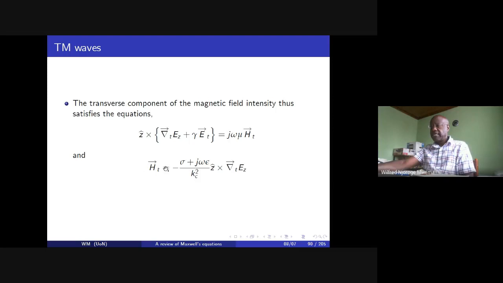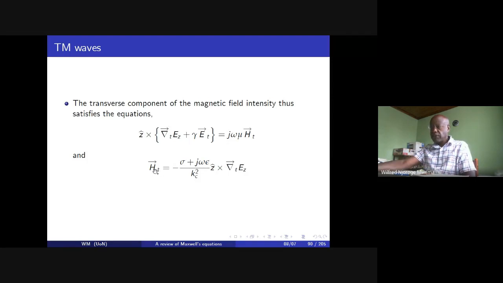And we can see that once we multiply through by the gradients, and that is from the other equations, H_t is going to be given by the minus of (sigma plus j omega epsilon) by kc squared multiplied by z cross del_t of Ez.